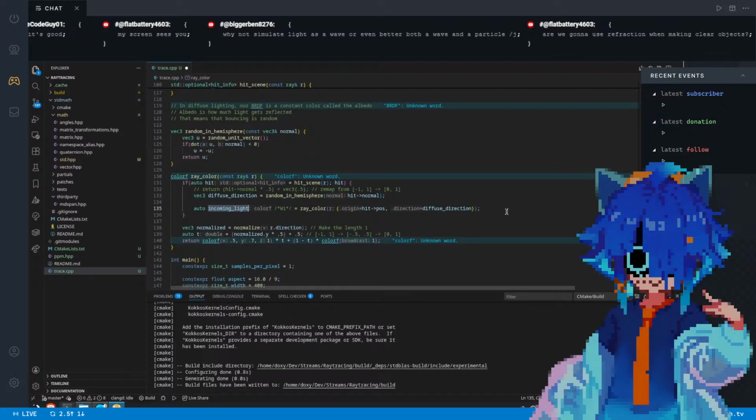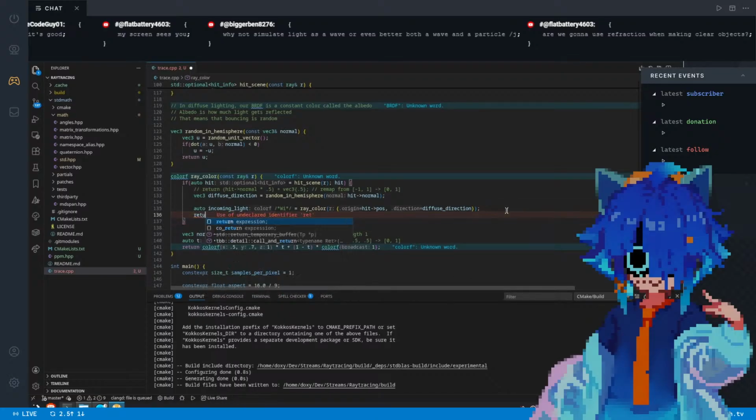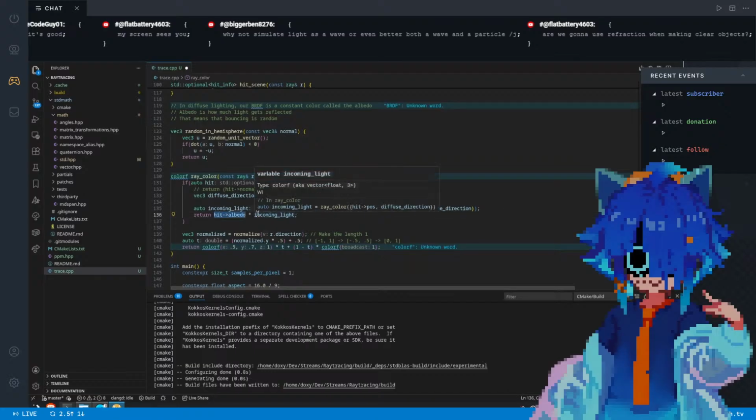So now we're going to return our hit albedo times our incoming light. So we're multiplying our BRDF by our incoming light. And if you remember the inside of the rendering equation, the part inside of for everything in the hemisphere was incoming light.